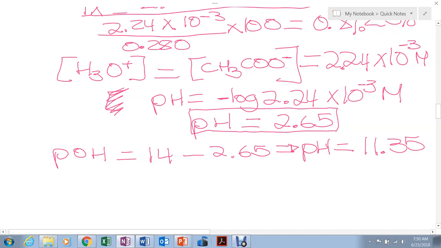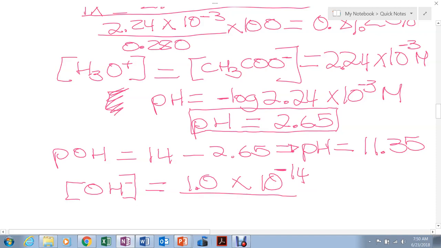Now the concentration of OH comes from the water. You see, we had to do both things. Kw equals 1.0 times 10 to the minus 14.